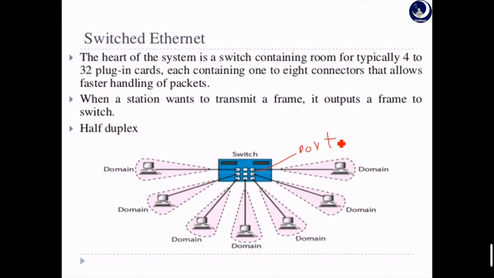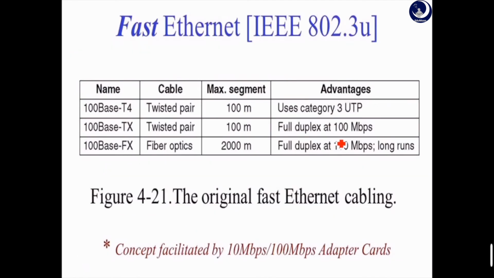Now, fast Ethernet reduces the bit time from 100 nanoseconds to 10, which means the transmission rate is higher, but it still detects collisions in time. There are three types of fast Ethernet: 100Base-T4, 100Base-TX and 100Base-FX.